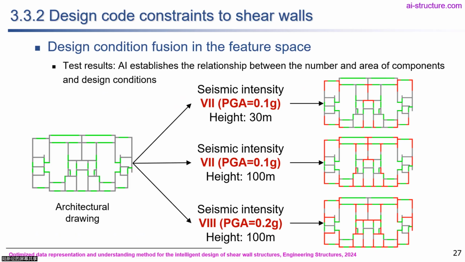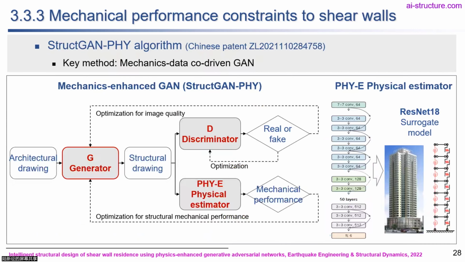And then we go to the third step, how we embed the physics model into the AI generated figure. We propose an algorithm to embed the physics requirement into the GAN. On the top is the discriminator to identify how similar this AI design result is to the human design.